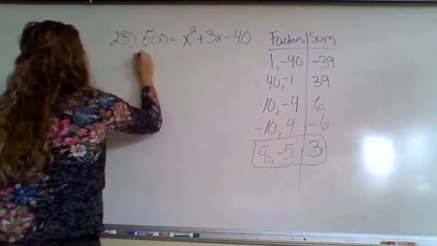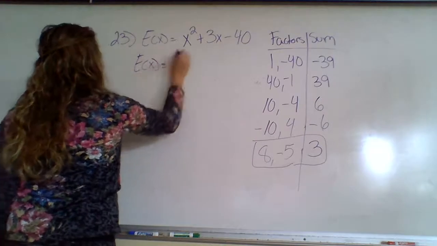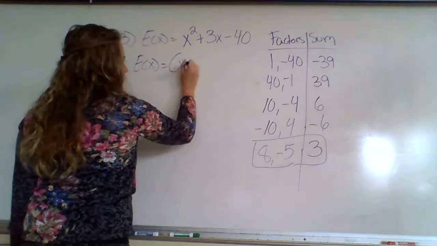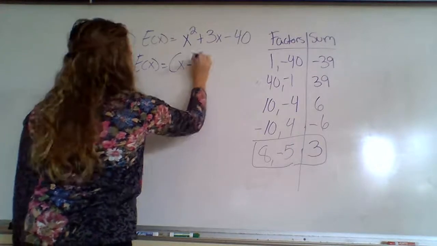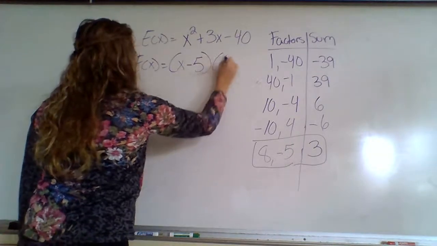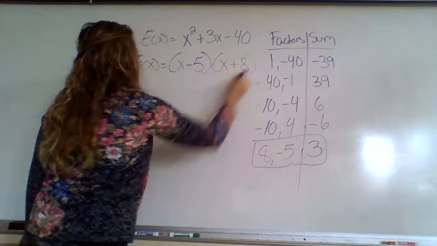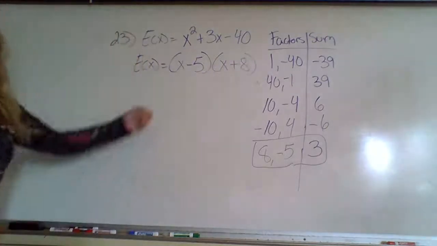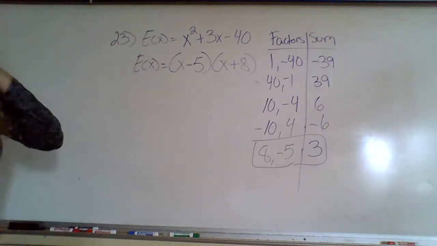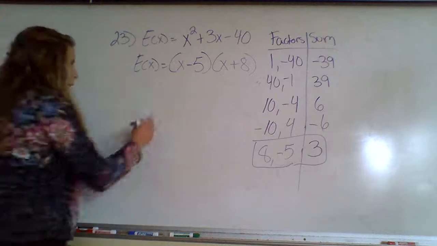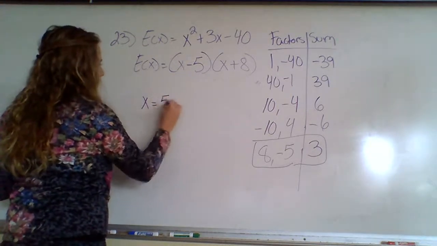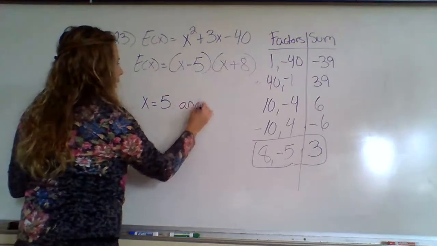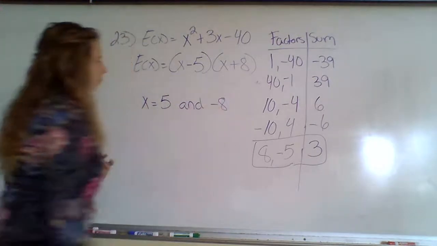So x minus 5, x plus 8. Okay, now you have it in factored form, but you need to know the x-intercepts. So it would be x equals 5 and negative 8.